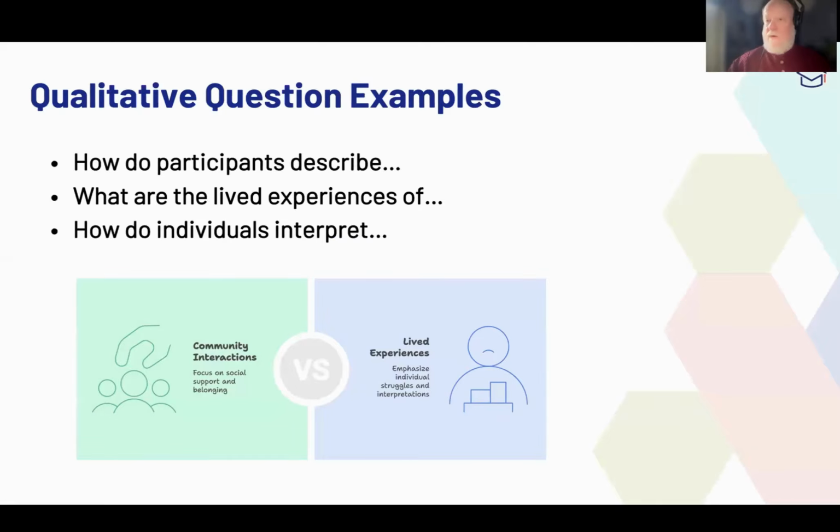So let's think about qualitative type questions. Notice the emphasis on how and what. And in some methodologies, in some research designs like exploratory case studies, you can also have why questions. But why questions can be very circular, sort of like running on a hamster wheel.